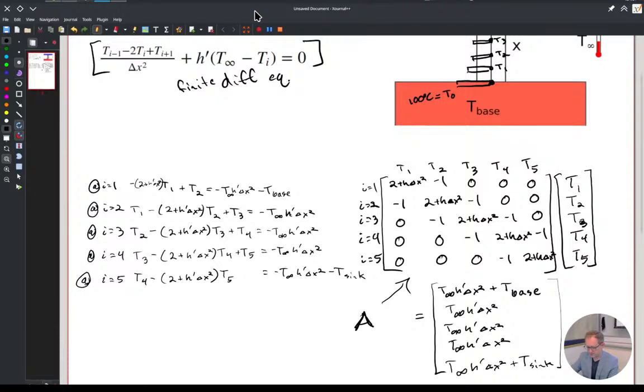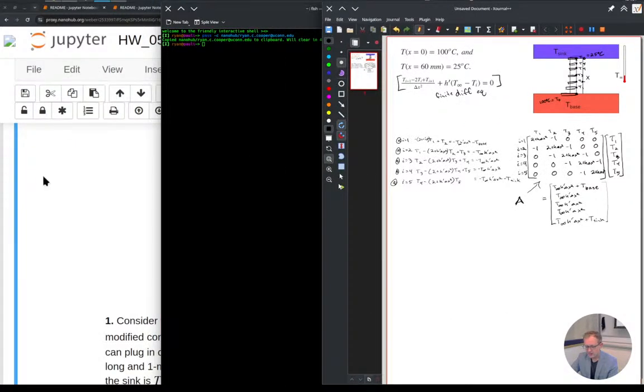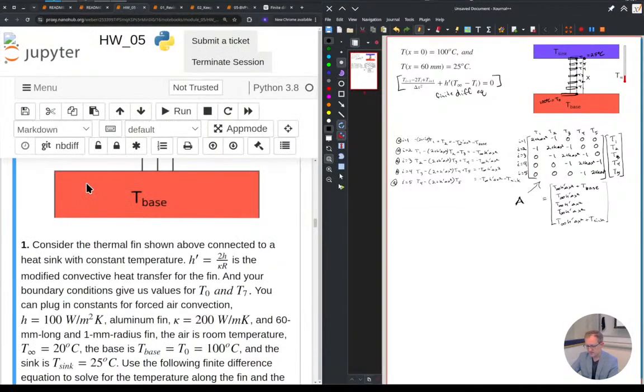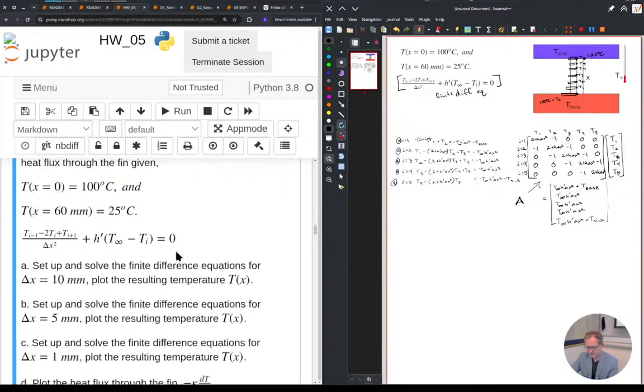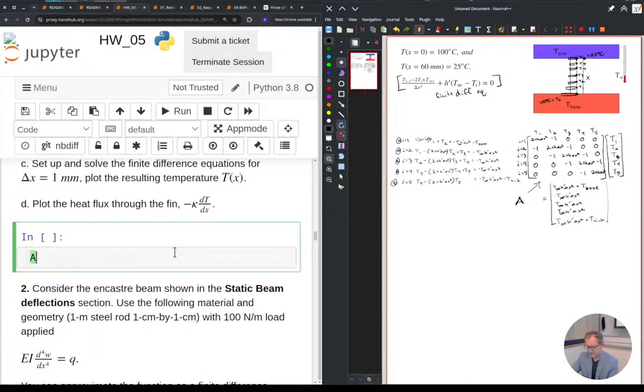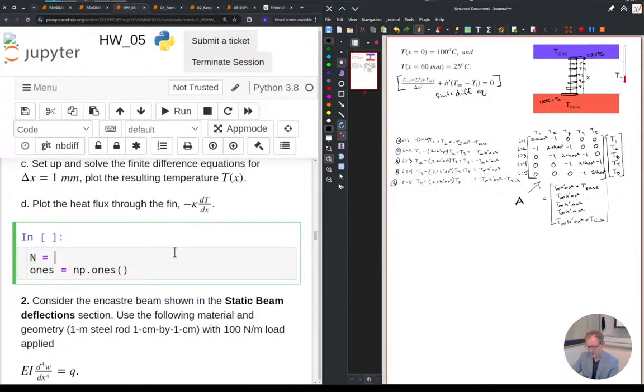So I want to shrink that down, bring it over there, and shrink this down, bring it over here. So my left-hand side is going to be, I'm just going to make, and we'll start off with n equals 5.